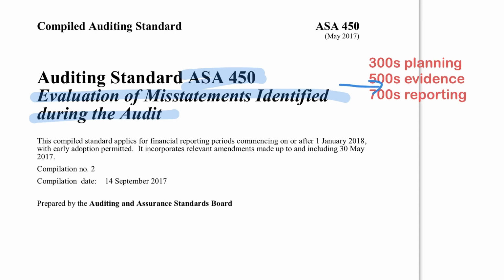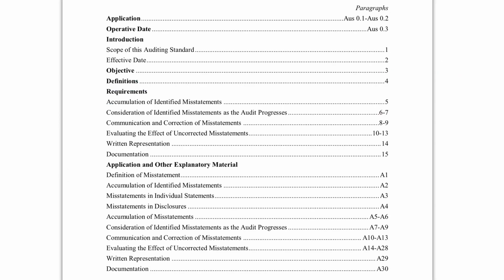Now, I know the 600s is the use of experts, but in the chronological setup of the standards, 450 seems a bit out of place because it's something that we would do after we generate our evidence.